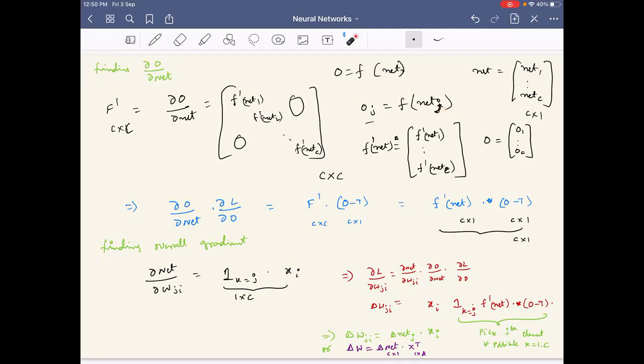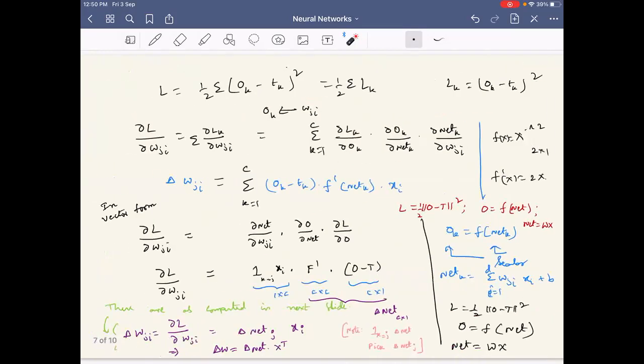So whenever there is no dependency, the derivative is 0. Hence all the off-diagonal elements will be 0, and dou O by dou net is nothing but f dash of net 1, f dash of net 2, up to f dash of net C only on the diagonal, right? And this we can represent as a diagonal matrix, capital F dash. Now this is what we get as the derivative for dou O by dou net.